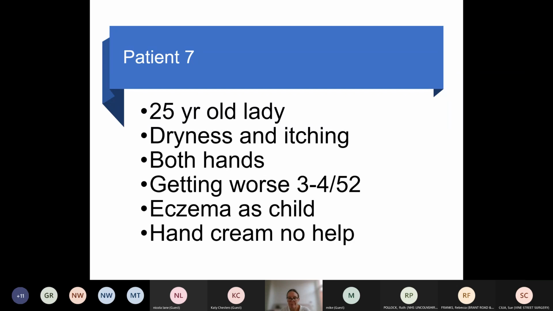No. Is she well in herself? Yeah, she's absolutely fine. Just these hands are driving her mad because they're so itchy. Any other questions, or should we move on to the picture?